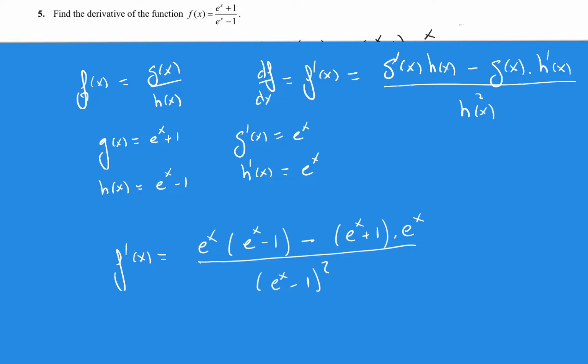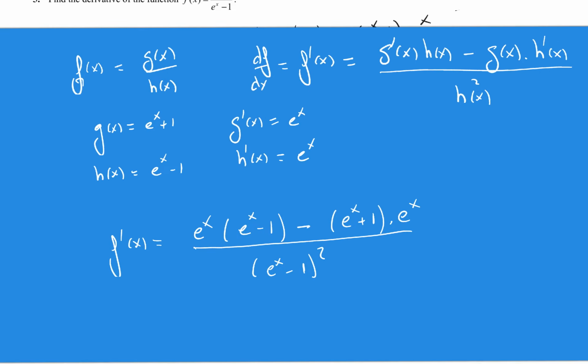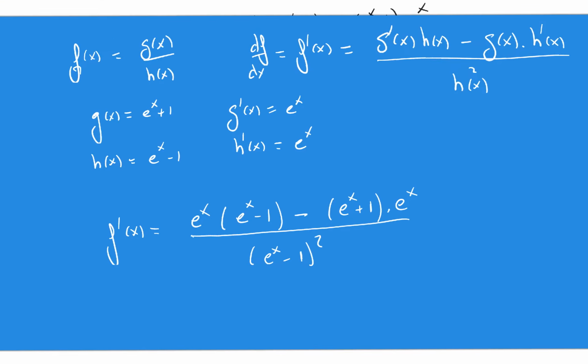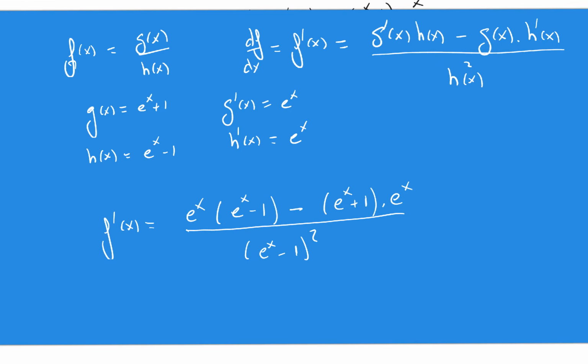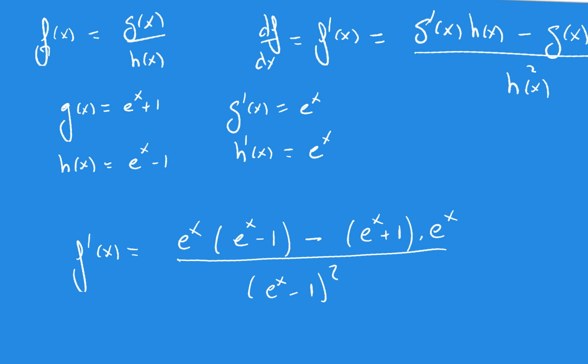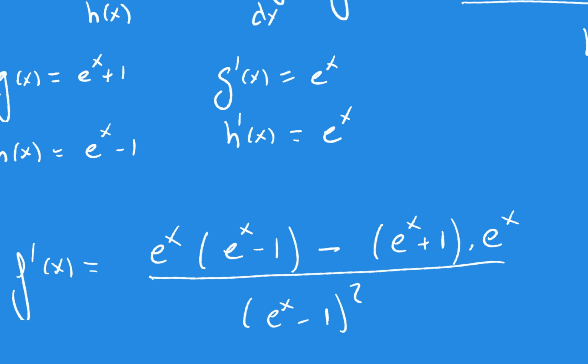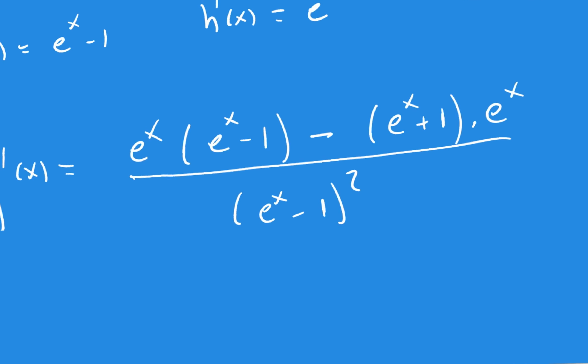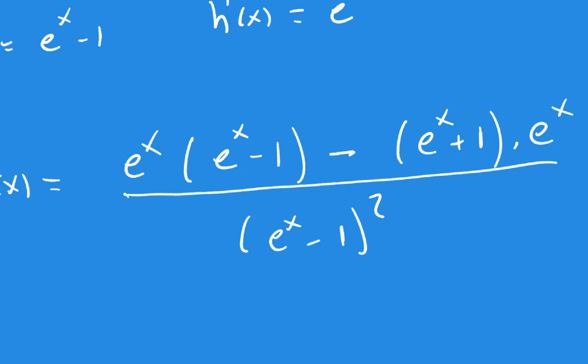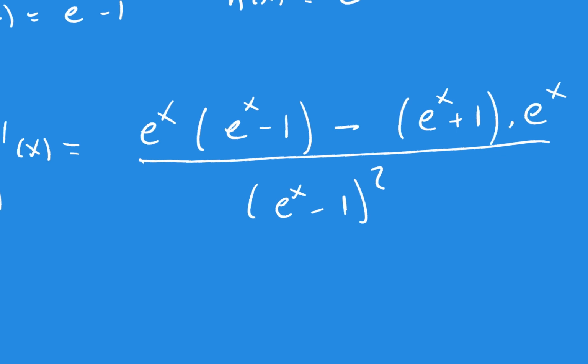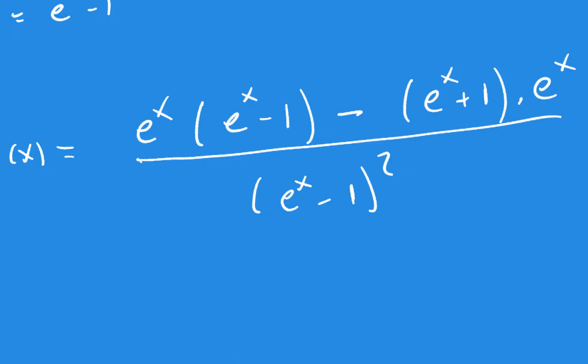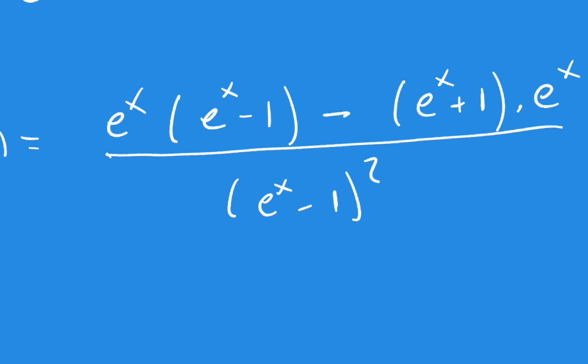Now the problem is already solved, but we need to work a little bit and make a little bit of algebra. So e to the x multiplied by e to the x. What is e to the x multiplied by e to the x?